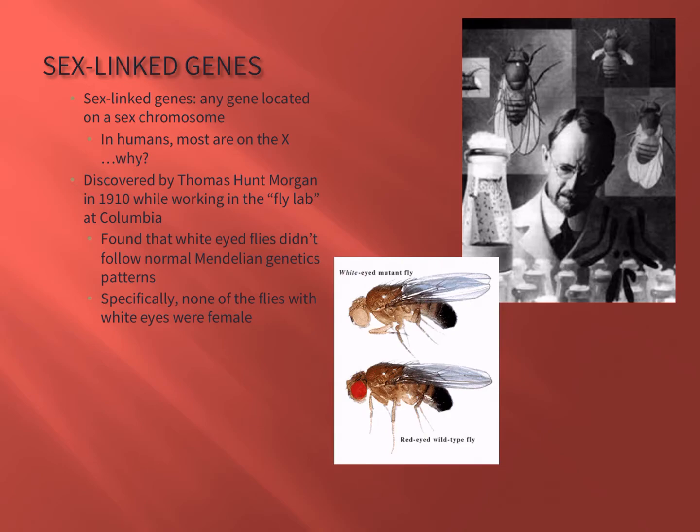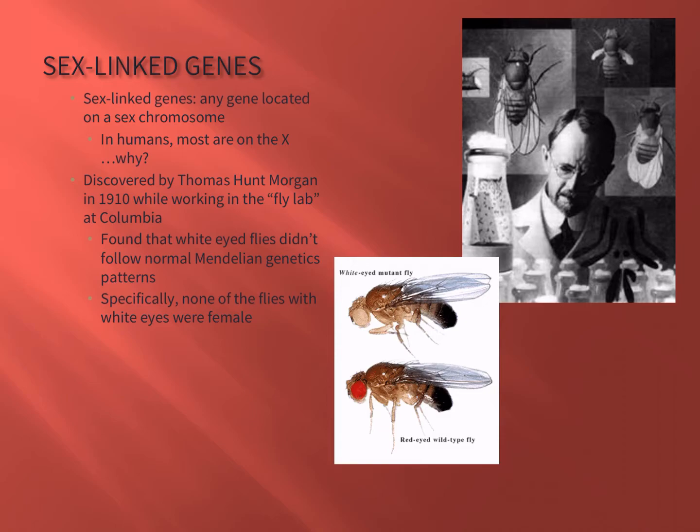So there are a bunch of different genes that we call sex-linked genes. Sex-linked genes are any genes that happen to reside on the sex chromosome, the X chromosome. In humans, I gave it away a second ago, most are on the X. If you couldn't figure out why, think about males and females: what do both of the sexes have?